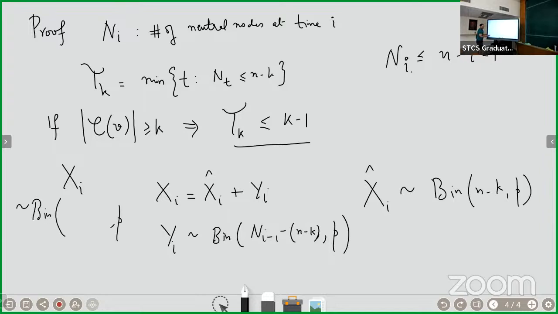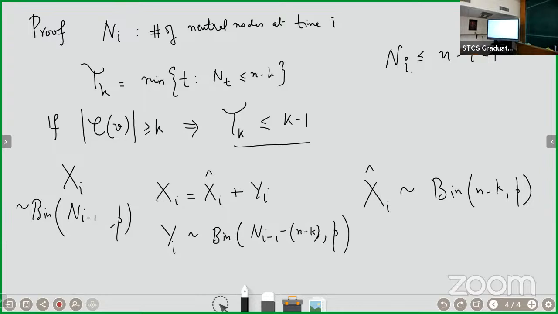What comma p, in terms of N_i? Simply N_i minus. How much do I get to add? I exactly get to add the number of neutral nodes.